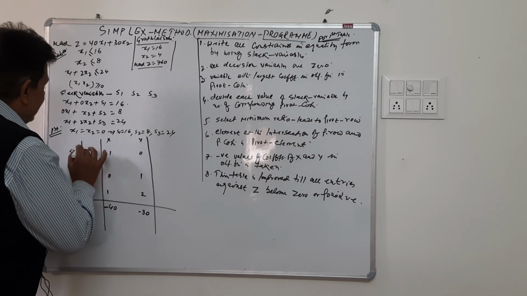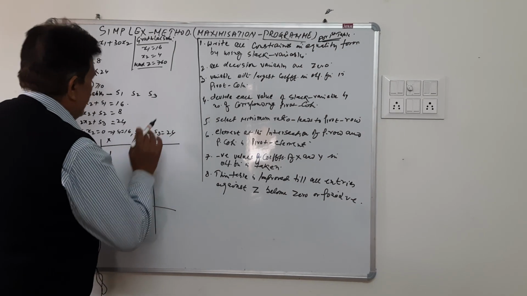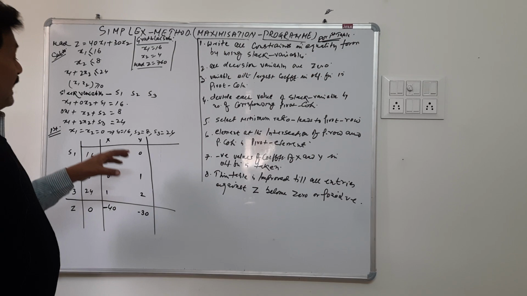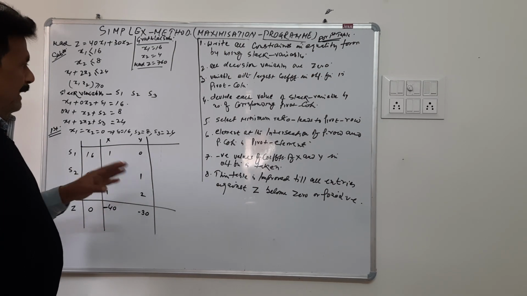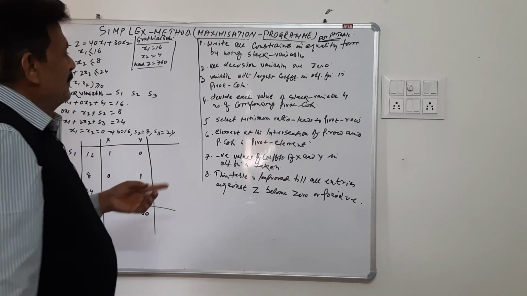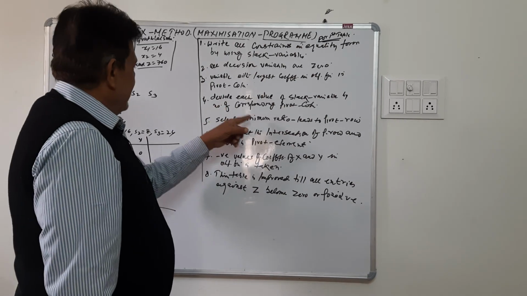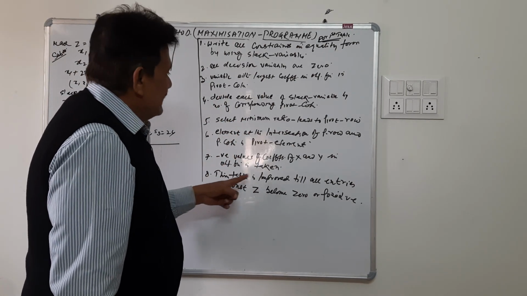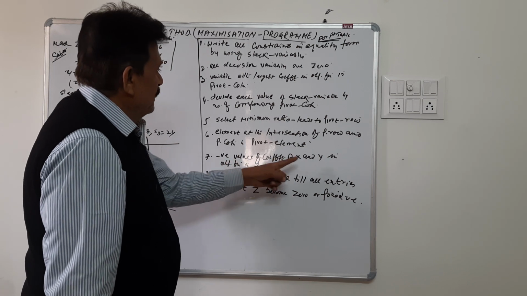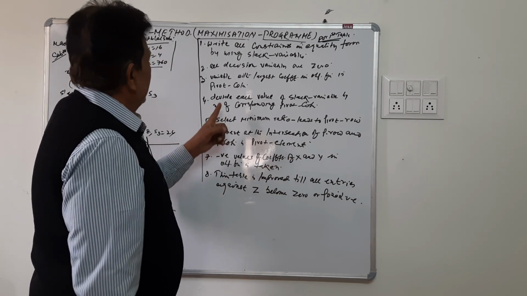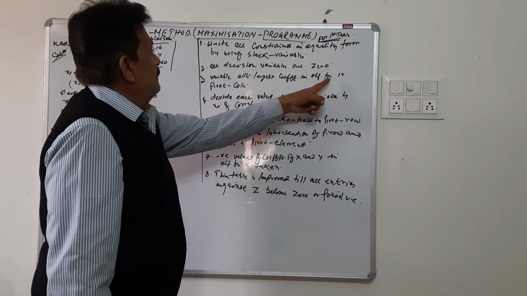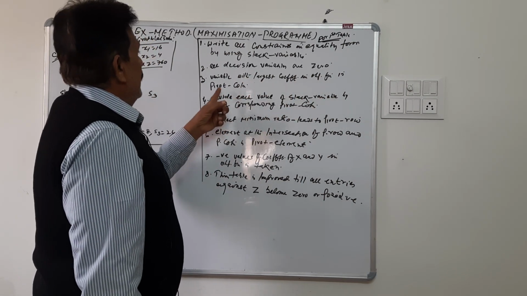Now the next step is identifying the pivot column. First of all, we have to identify the pivot column. The negative values of the coefficients of x and y are taken. The variable with the largest coefficient in the objective function is the pivot column.